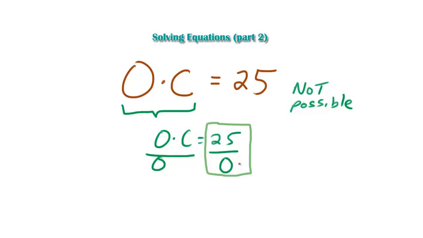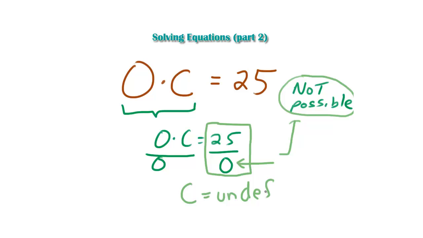So we have to think, okay, what number times 0 will give us the 25? Again, this is not possible, right? It's not possible. Okay, so c is undefined, and we just write it like that. C is undefined. Okay, and we're done.